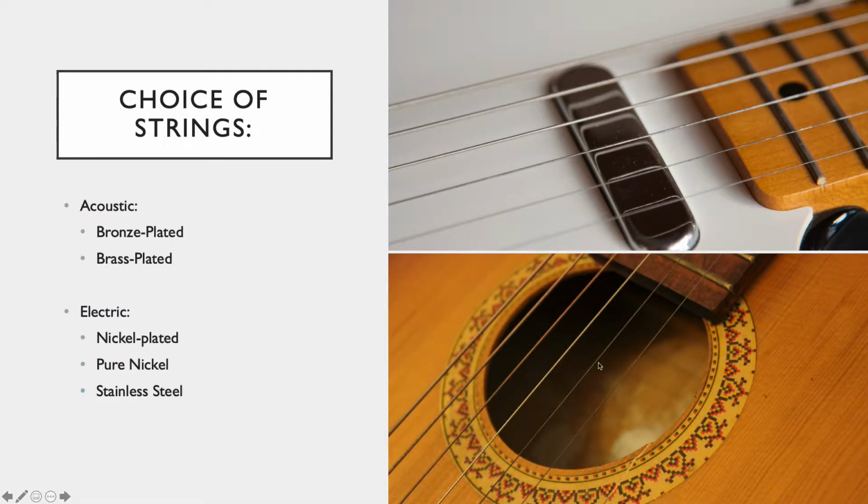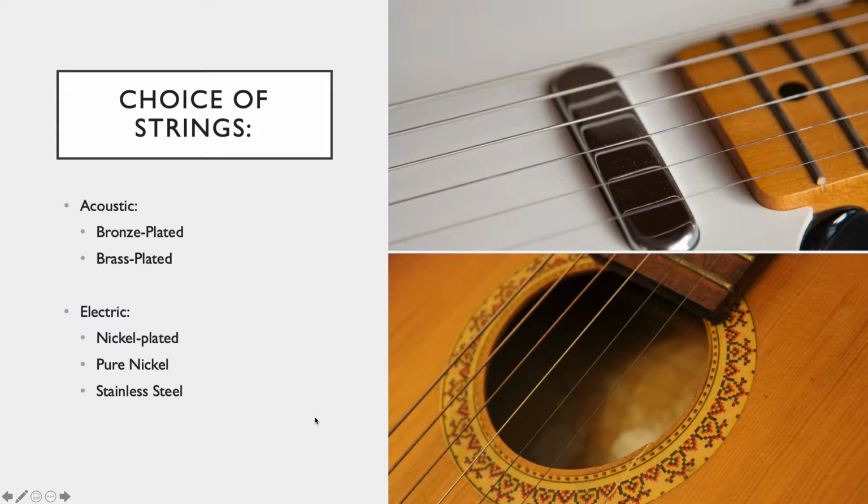I want to focus on the choice of strings first. One of the key differences is that they use different strings. The electric guitars require very specific metals used in making the strings, and without them it just wouldn't work.